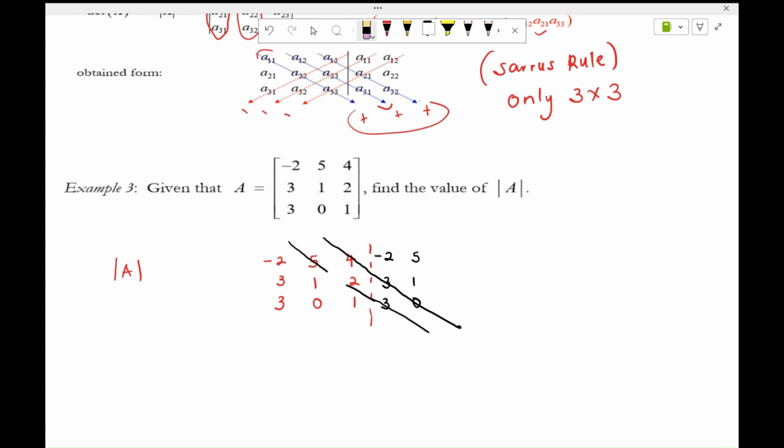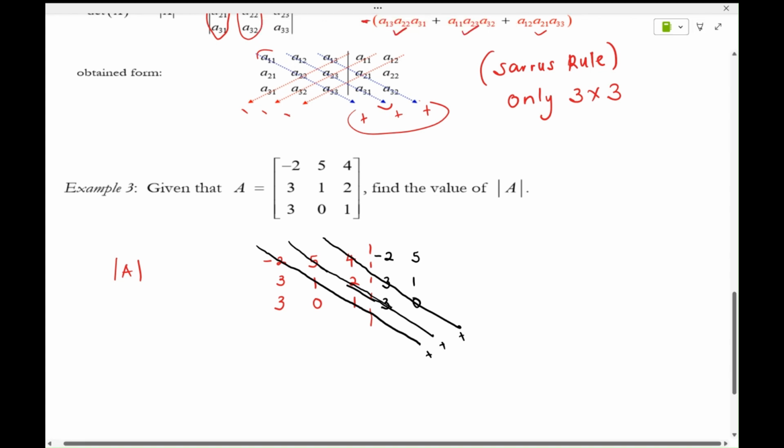So it's going to be like this. Then which one is left? We're going to have this one here as well. Okay, so I will consider all of this main diagonal as positive. Then let's see, what will be the other one?